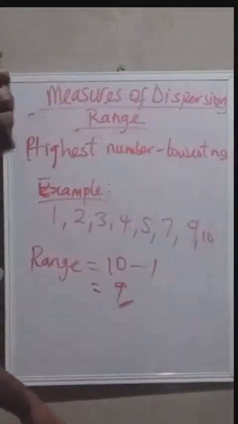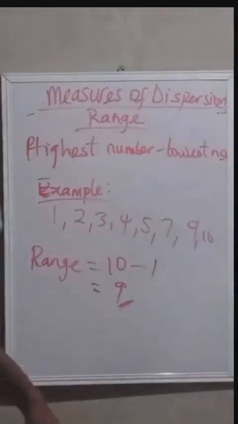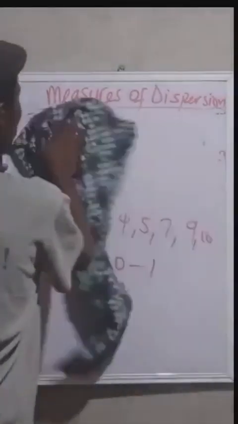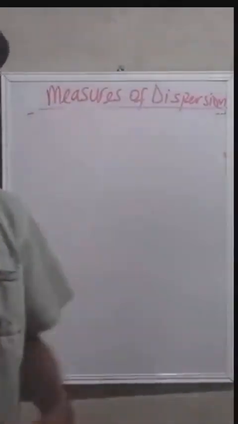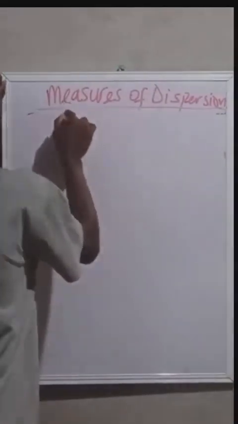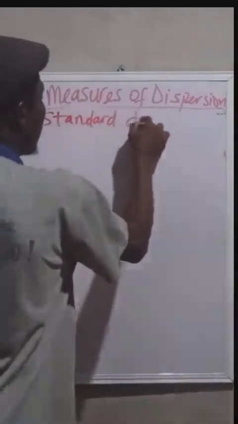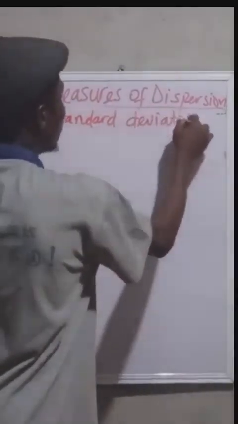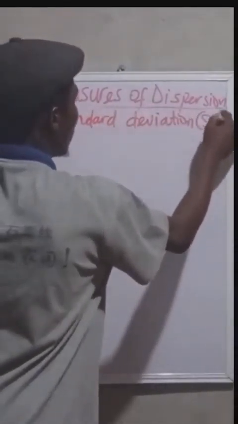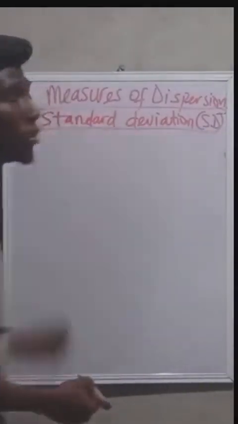So let's go to standard deviation. What do we mean by standard deviation? You can also denote it as SD. There is a relation between standard deviation and variance, so when you are working with standard deviation, take variance alongside.